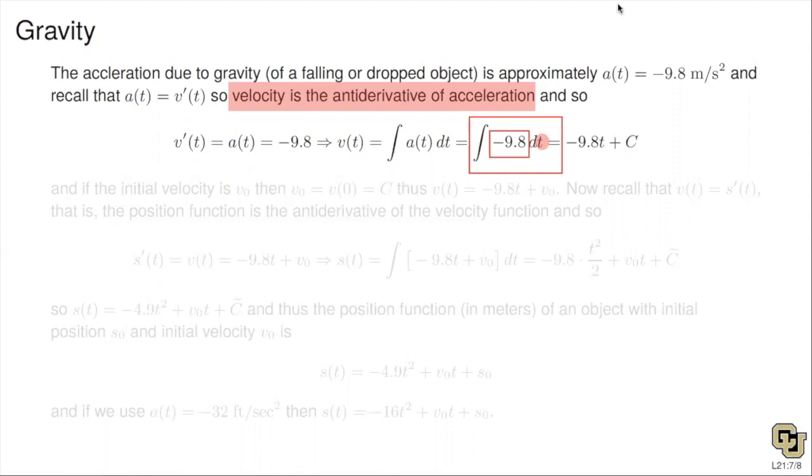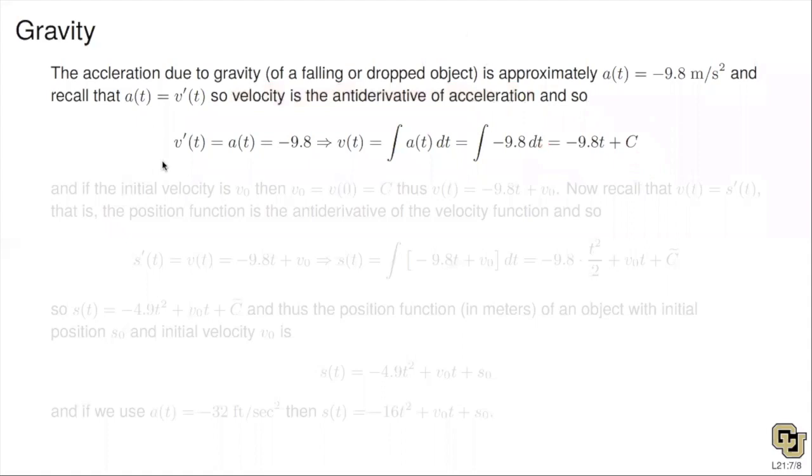So the antiderivative of negative 9.8 with respect to t is negative 9.8 t, and then don't forget to slap on the plus c. I can check that this is correct: I take the derivative of negative 9.8 t plus c with respect to t, and I get back negative 9.8.